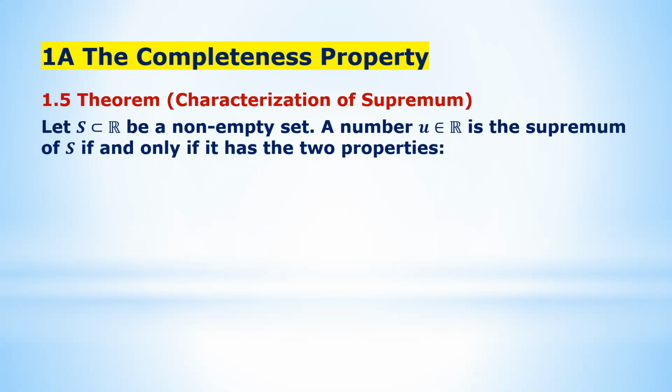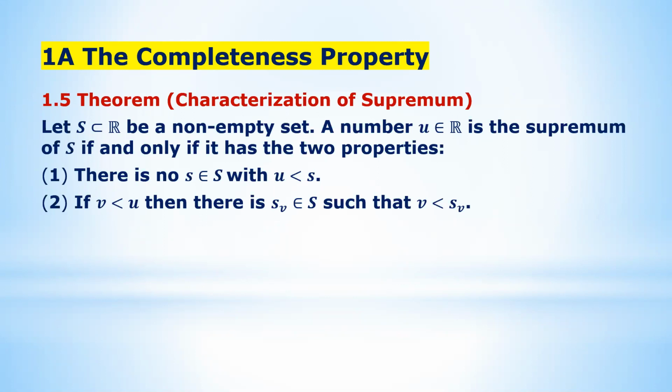What are these two properties? The first one is that there is no s in S with U less than s, strictly less than s. That's property one. Property two is that if v is less than U, then there is an s_v in S, where s_v is a special point in S, such that v is less than s_v.